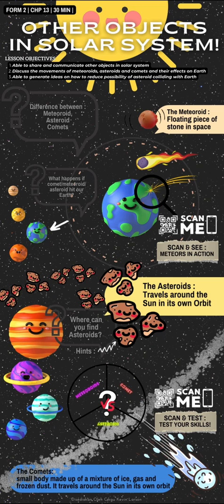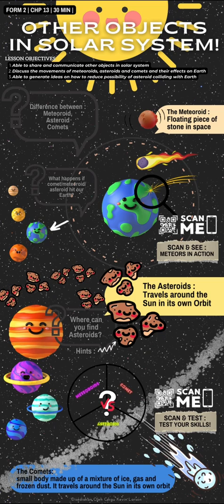Now there are several questions here for you to answer. First one is to find the differences between meteoroid, asteroid, and comets. You can look at this picture, the content, and the notes given. Find at least three differences.